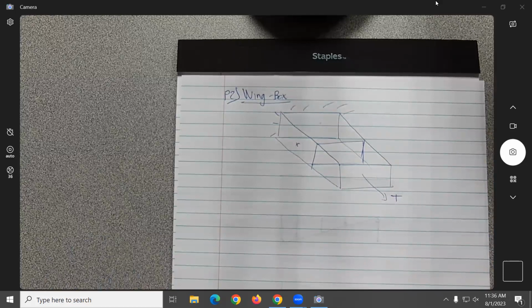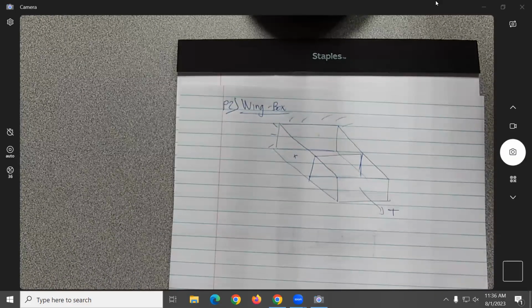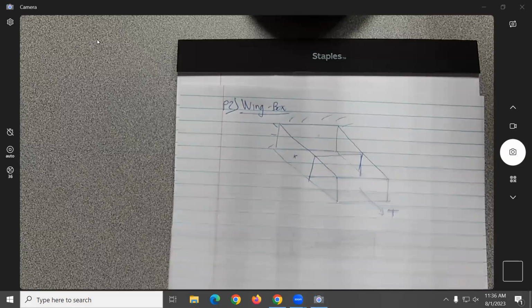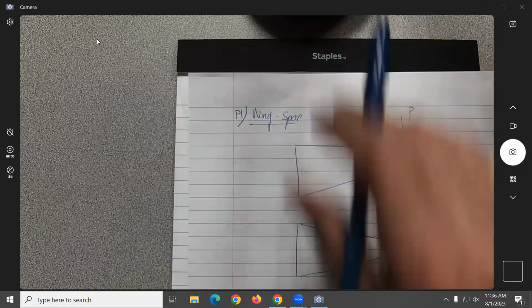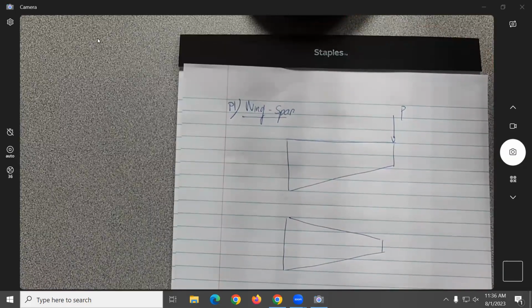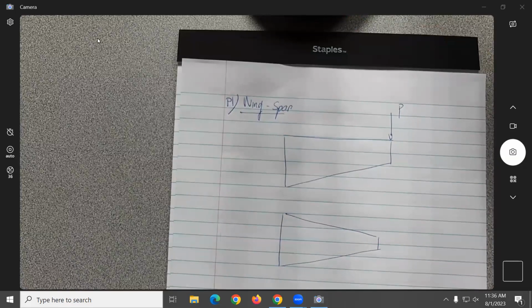Clear how to prepare? Yes. For main spar or anything like that, something like the reasoning for method 1, method 2. No. Wings part, this is 2D.